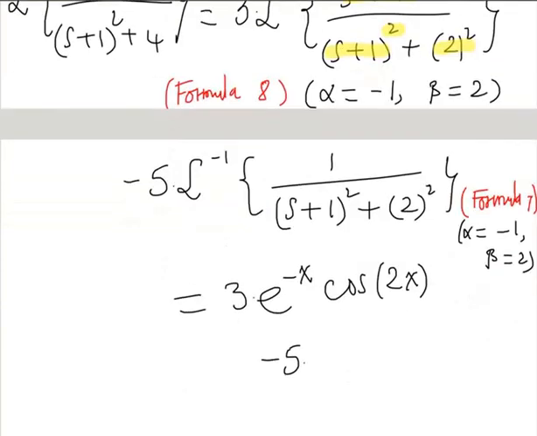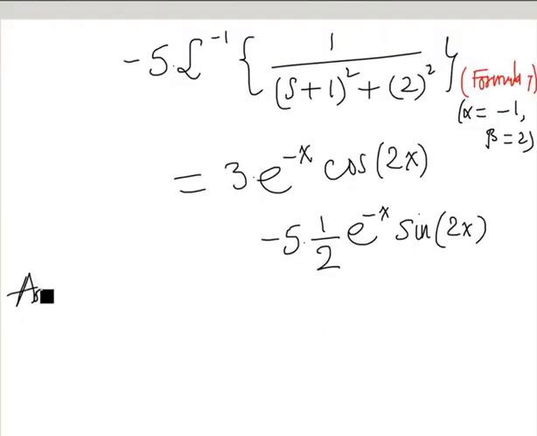And for formula 7, we need to have the 2 in the numerator in order to use it. But here we have a 1, so we need to divide the answer by 2, meaning that it should be a half of the formula we get from 7, so e to the minus x sine of 2x.